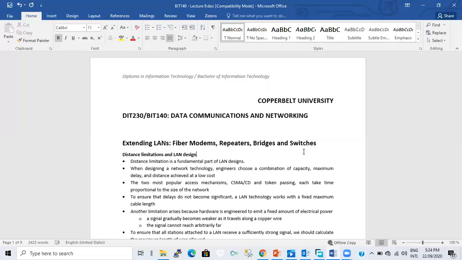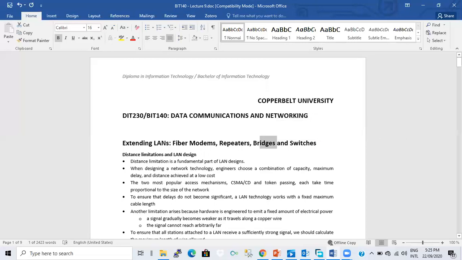Maybe when it reaches 95, you put a repeater there, or you can put a bridge or a switch there, so that you just do a connection. The other cable starts after the 95. Again, after 95, you provide a switch, a bridge, a fiber modem, or a repeater.